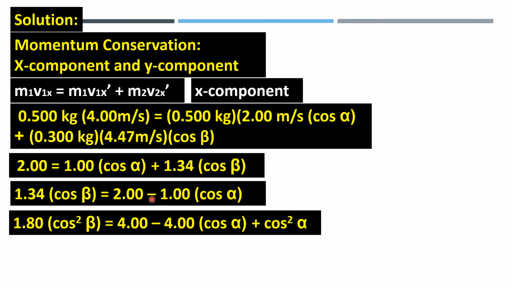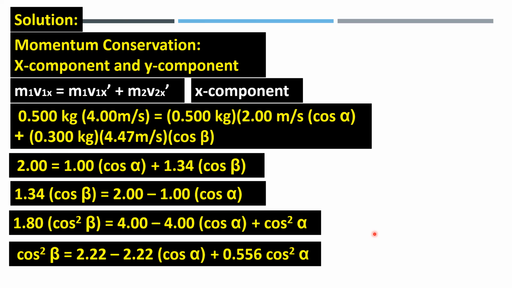When you do your algebra and multiply this by itself, you're going to get this minus 4 cosine alpha. And then there's that plus cosine squared, because part of the process is for you also to get the square of cosine alpha, and that's cosine squared alpha.